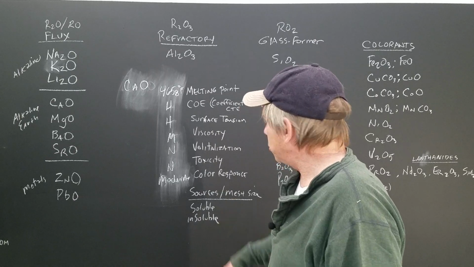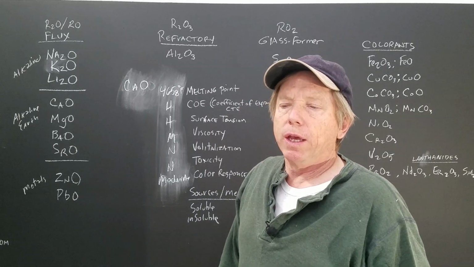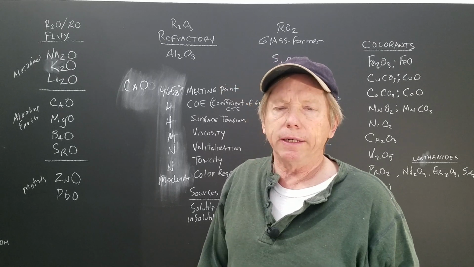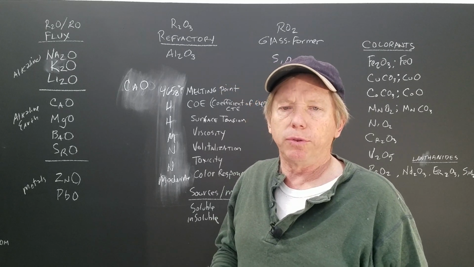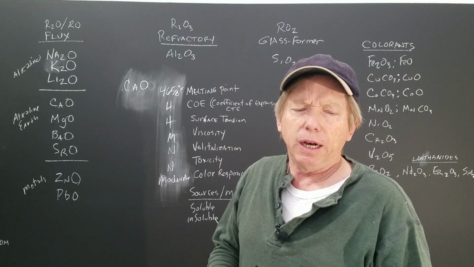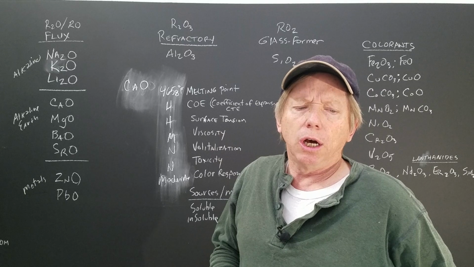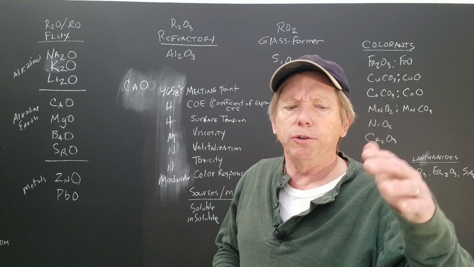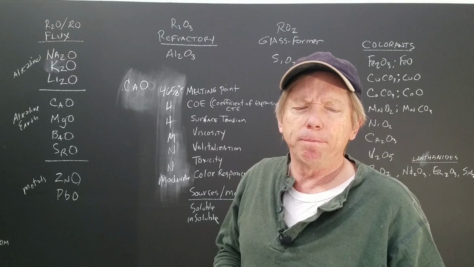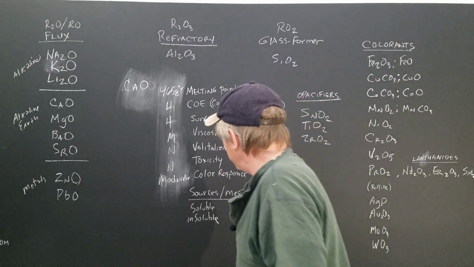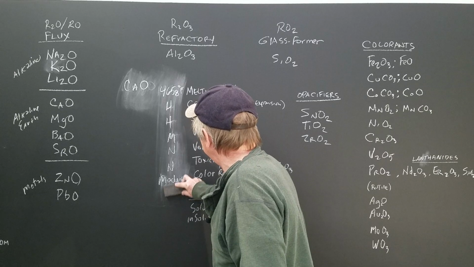Okay, the main source is going to be whiting. Another source is going to be dolomite or wollastonite. Those both contain calcium. And then the soluble source will be like bone ash, Gerstley borate, ulexite, unwashed wood ash, all sources of calcium in glazes.